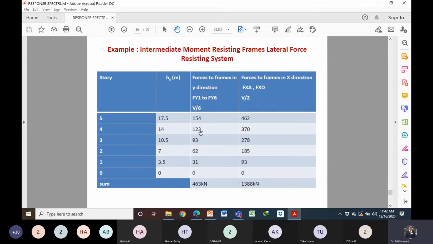Again, if you sum up all the lateral forces in a particular frame, that should be equal to the base shear in that frame in the x direction. Clear है? कोई issue है?